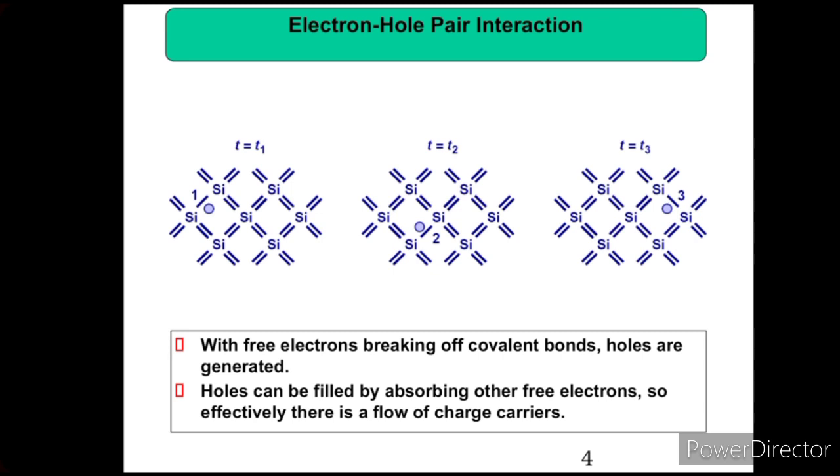That creates holes, and these holes can absorb another electron from another covalent bond. So holes are filled by absorption of other free electrons, and hence there is a flow of charge carriers.